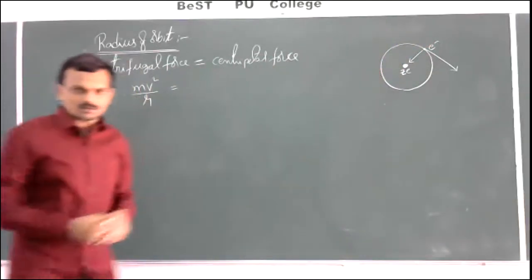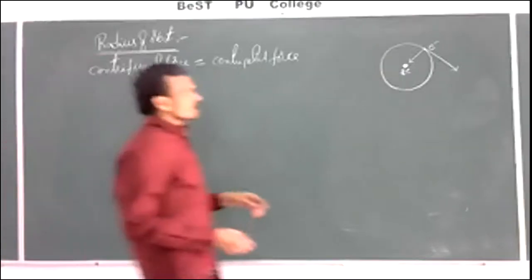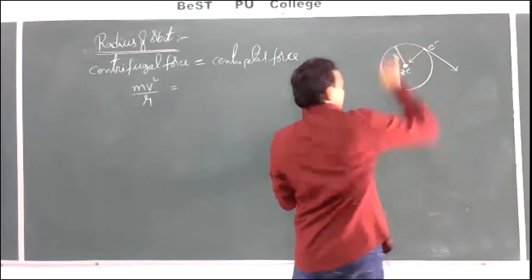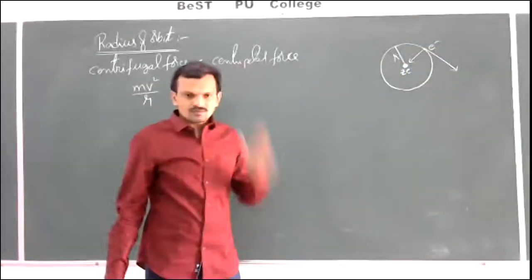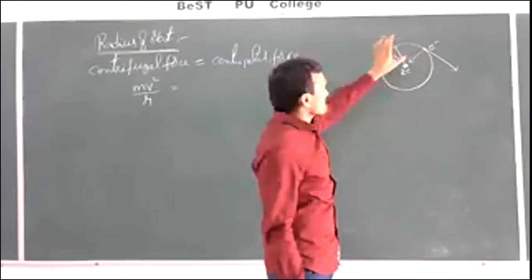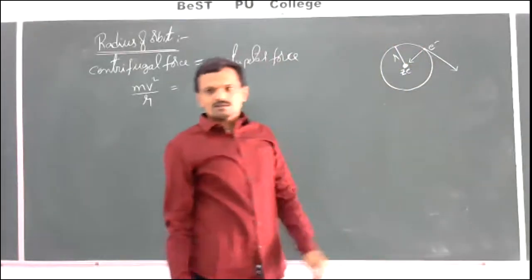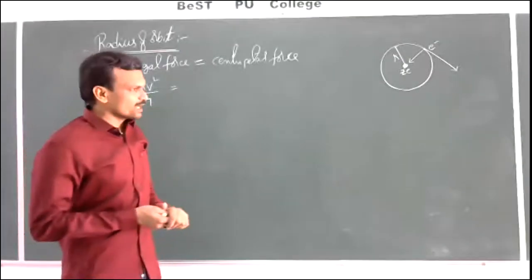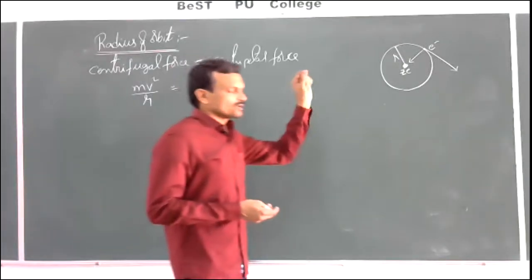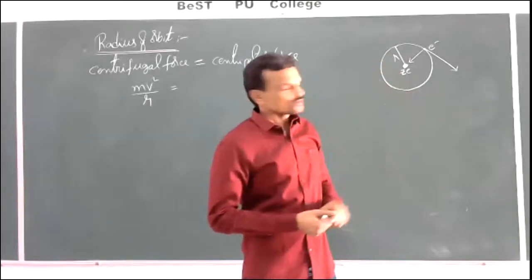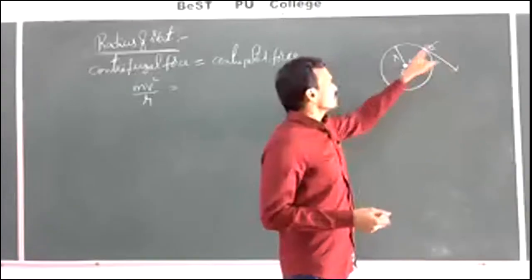Let the radius of this orbit be r. If two particles are separated by distance r, then the Coulombic force of attraction between them is F equal to some constant into Q1 Q2 by r square. What is Q1 here?